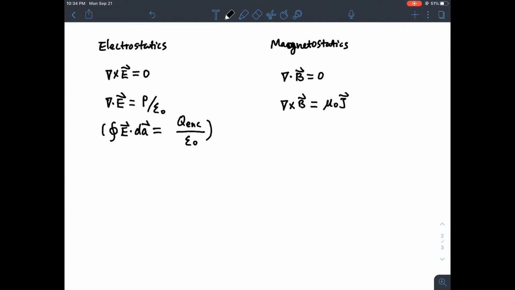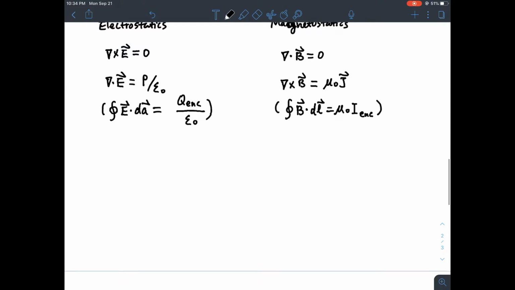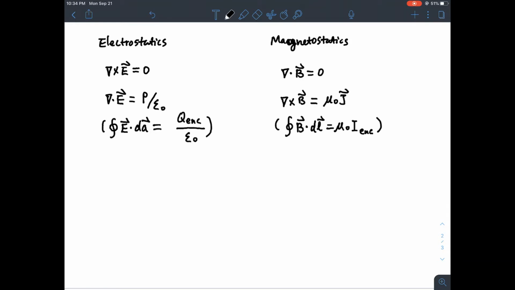If we write it down in the integral format, we define an Amperian loop. We do the line integral around that loop, and this equals mu 0 times the amount of current included inside that loop.